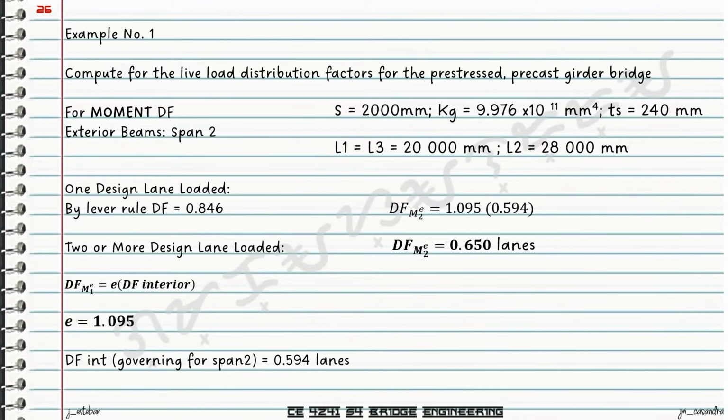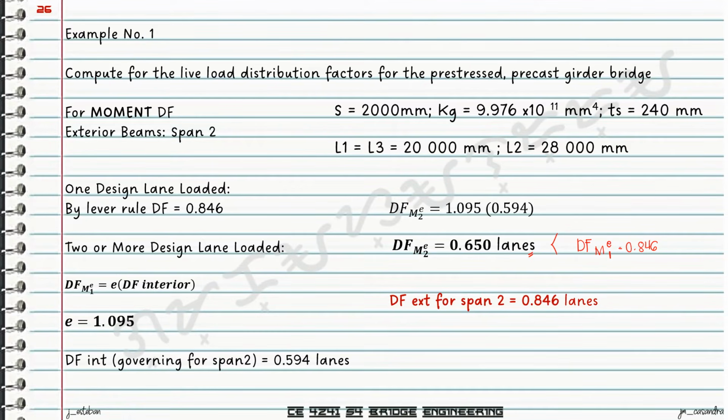So again, comparing this to our distribution factor for moment at the interior beam for 2 lanes for span 2, we could see that the distribution of the moment for exterior beams for 1 lane loaded, which is 0.846, is greater than the computed value of 0.650.